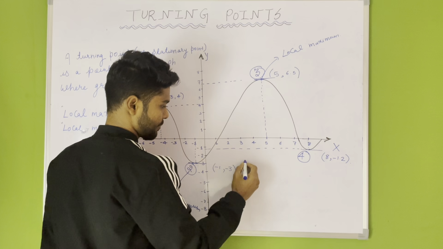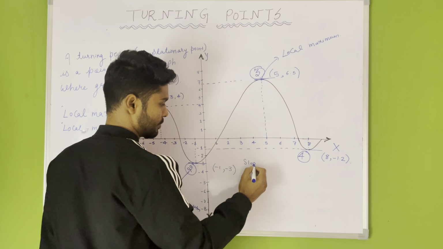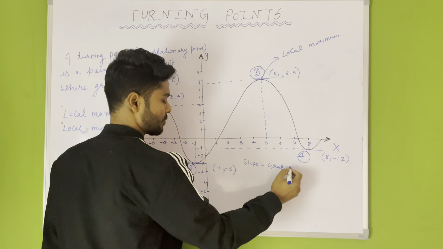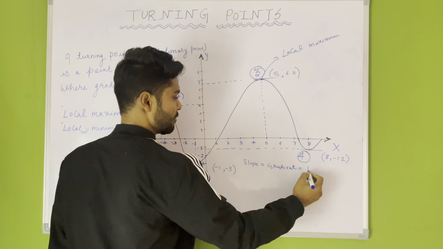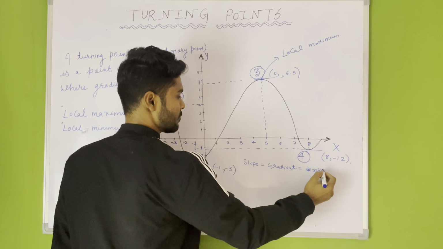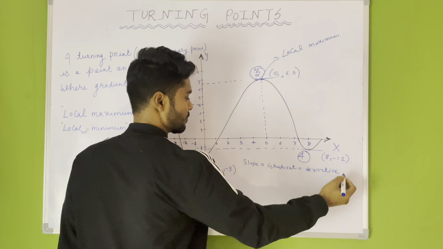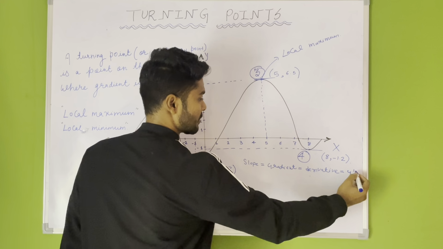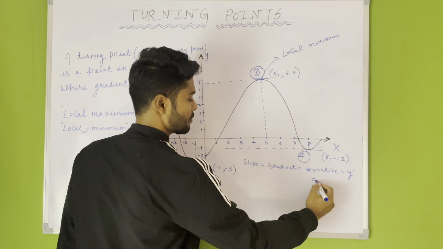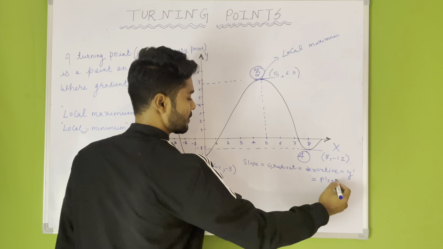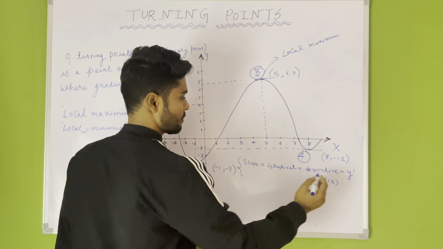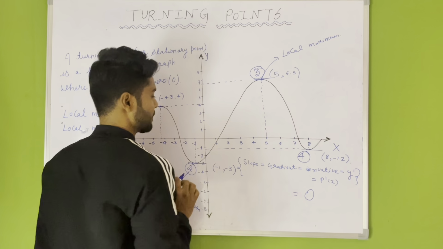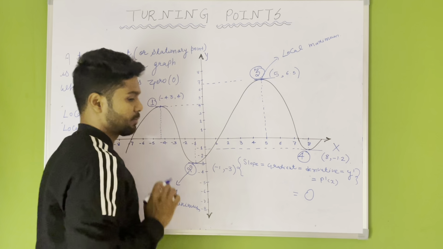Therefore, we can say slope equals gradient equals derivative equals y dash equals f dash x, all of them equal 0 at the particular point.